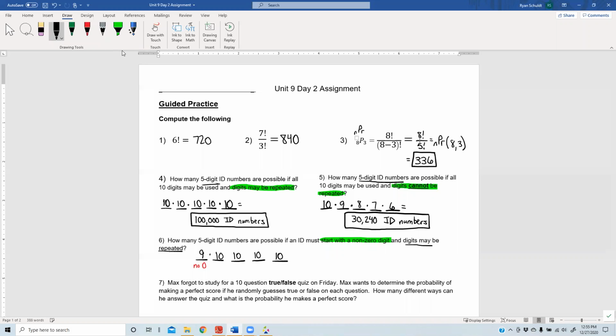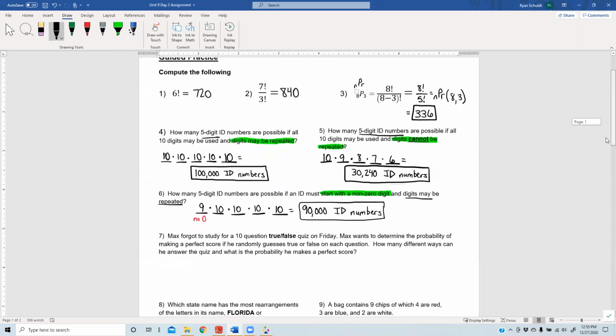So do 9 times 10 times 10 times 10 times 10. That gets us 90,000 ID numbers. Okay, so there's number 6.